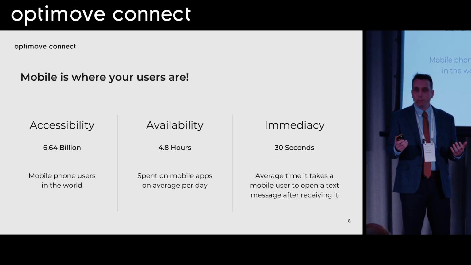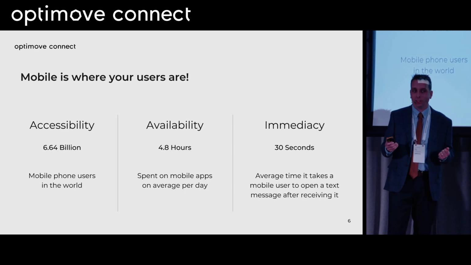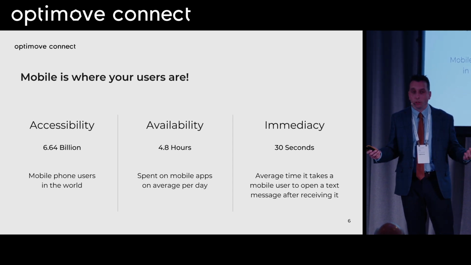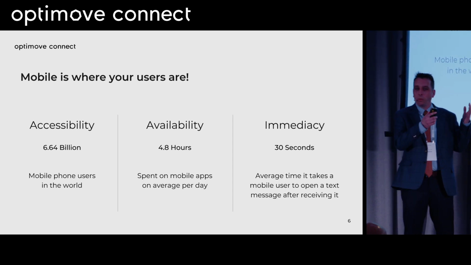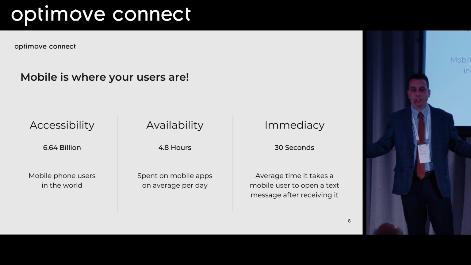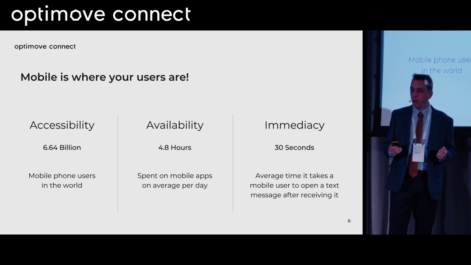The average time to open an SMS is 30 seconds after it's received. Compare this to email, where the average time can be in hours. We always see a big spike when we send the email, but then the long tail can be as much as 6.5 hours after the email was sent. So on immediacy, mobile channels perform very, very well.